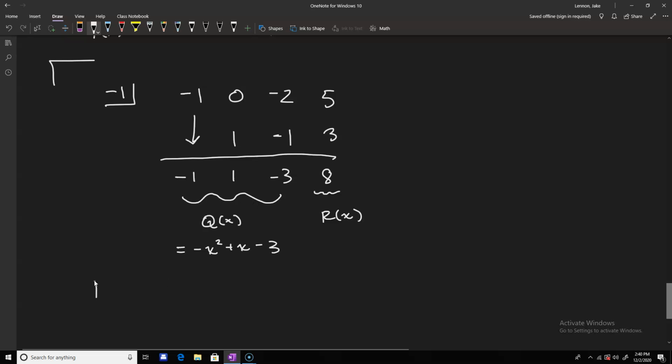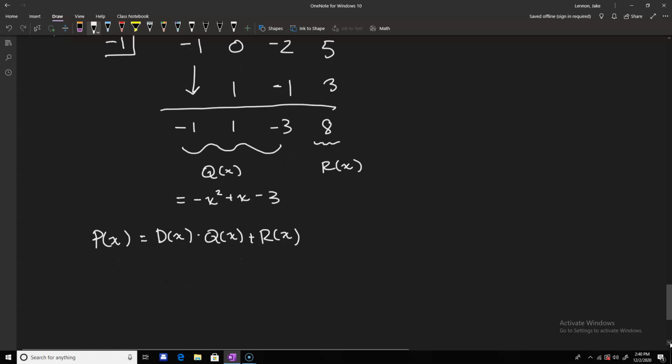So when they want us to write p of x is equal to d of x times q of x plus r of x, we just plug in all the results. So it's a very particular way to write the answer, but the actual synthetic division is just done the same. So our p of x was -x cubed minus 2x plus 5.